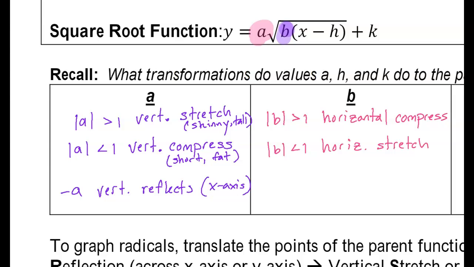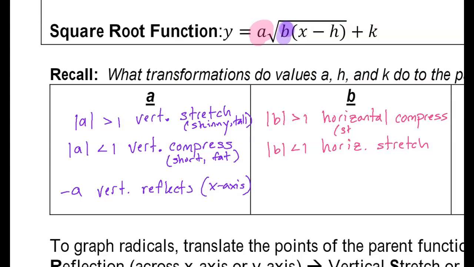So if on my horizontal, which is my x-axis, I'm compressing that, what does my graph become? Everyone look at my arms. If I'm compressing, what happens to the graph? It gets taller. So even though it's a horizontal compression, it still looks the same as a vertical stretch.